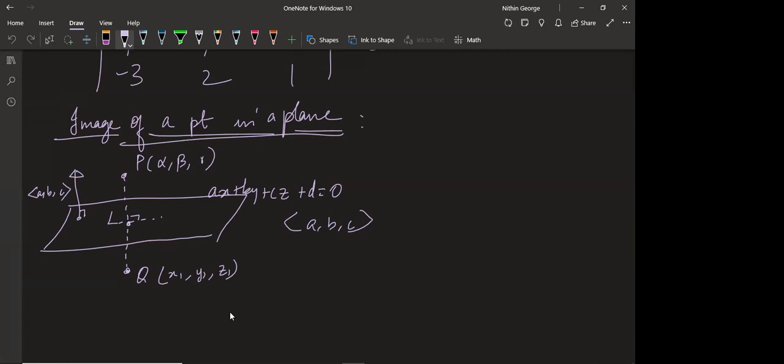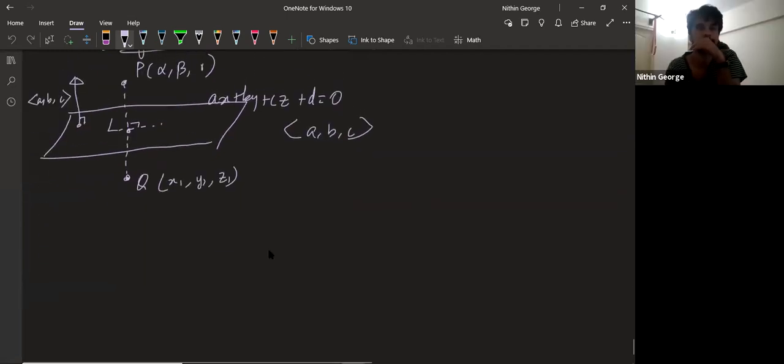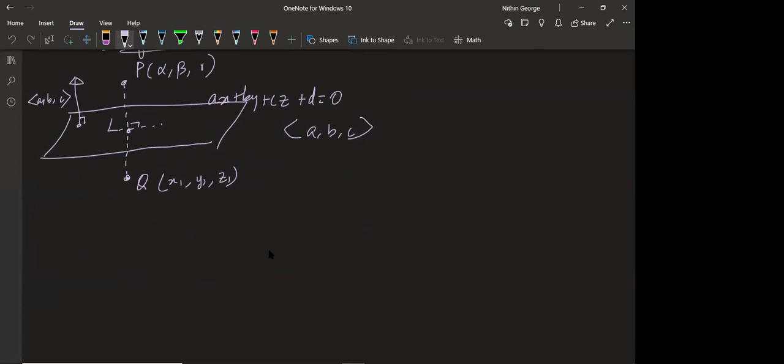So x minus alpha divided by a is equal to y minus beta divided by b is equal to... We're talking about the line, right? Yes, sir, I named the intersection of the line and the plane as x, y, and z.